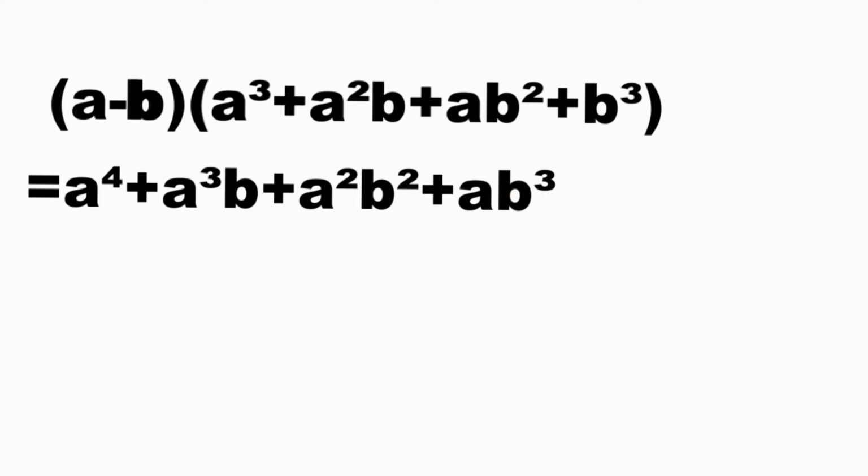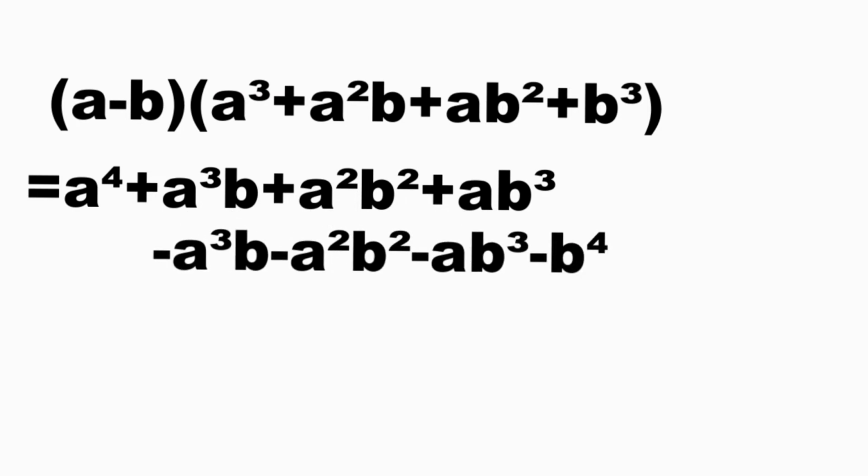Then we have to multiply minus B: minus B times A cubed is minus A cubed B. Minus B times A squared B is minus A squared B squared.